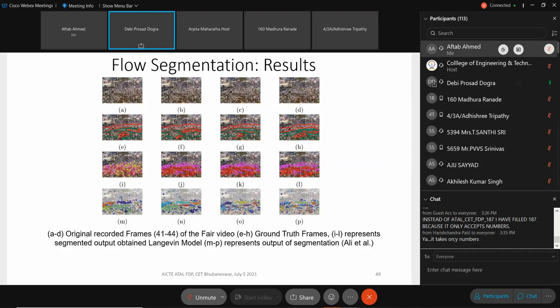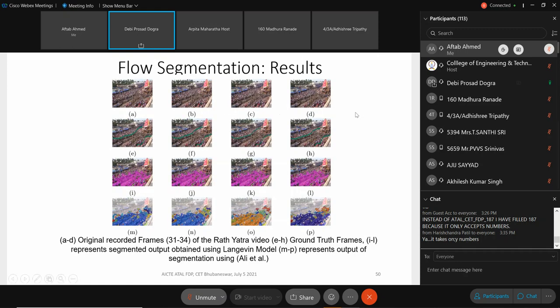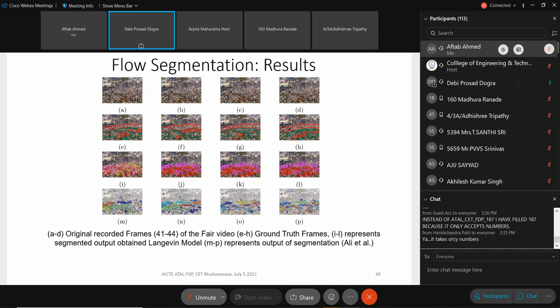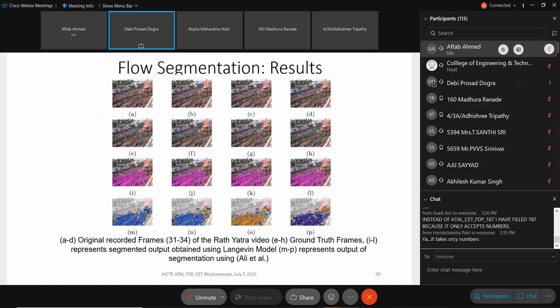We have also compared this with various other state-of-the-art algorithms, and we found that the proposed method works better than many of the existing methods. The results are evident here. I didn't show you lots of curves and other things because unnecessarily it will take time, but you can look into those papers to see how these systems work.